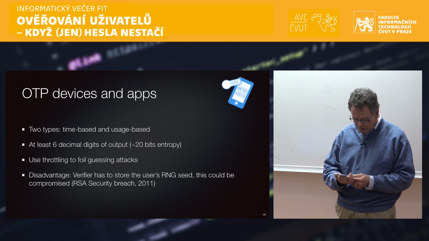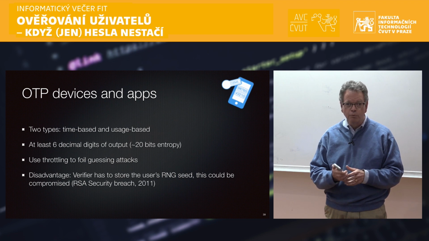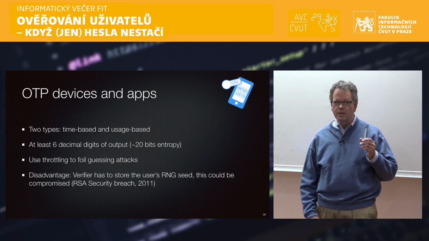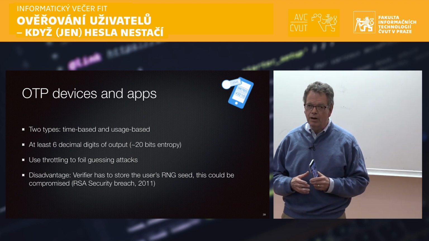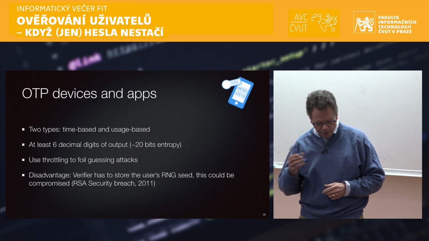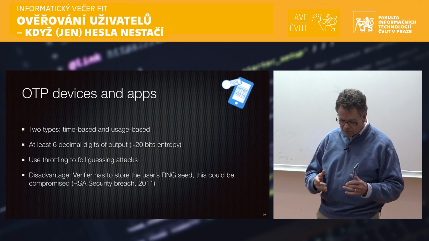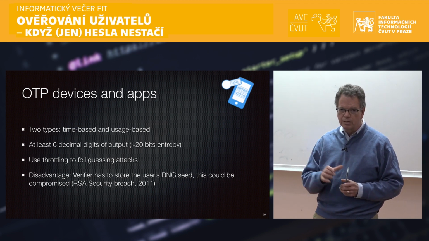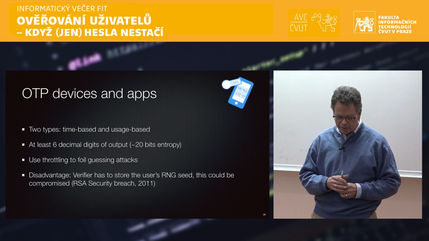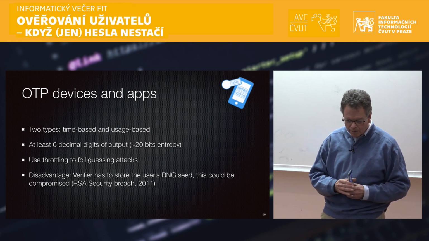The idea here is that you're proving that you have this device because it has been enrolled with the Authenticator app. And there also have been for a long time dedicated hardware devices that generate these values as well.